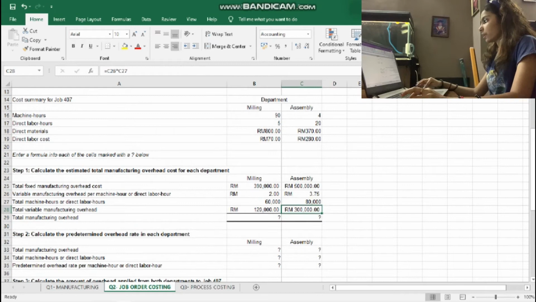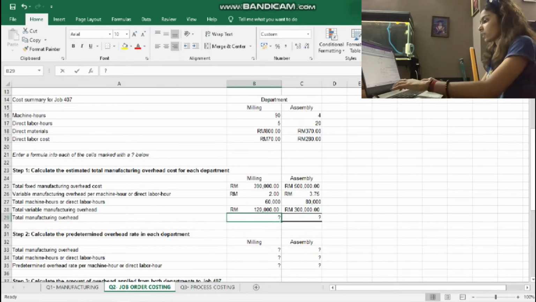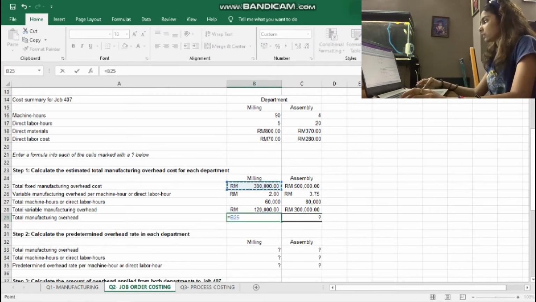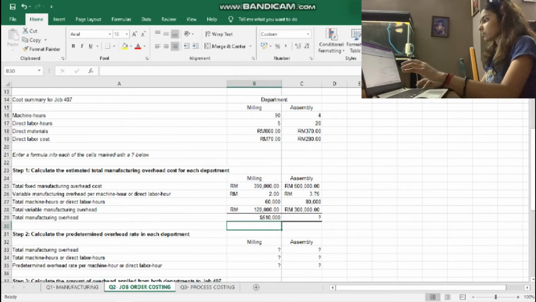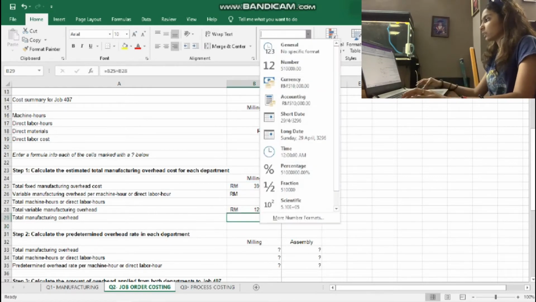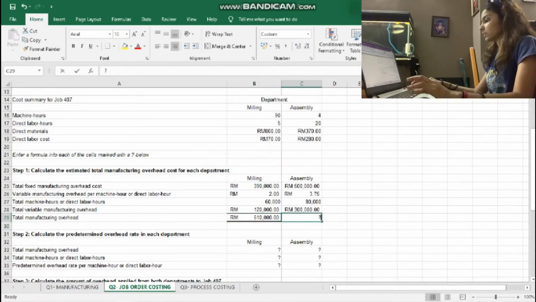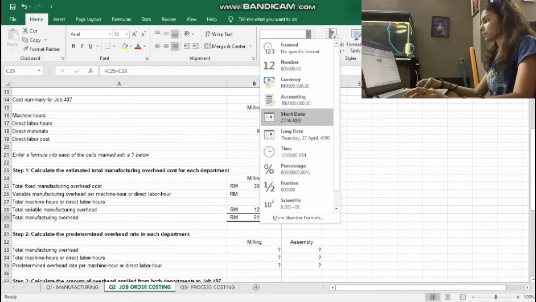And then for total manufacturing overhead we have to plus this 390,000 plus 120,000, we'll get 510,000. And then for assembly 500,000 plus 300,000 we'll get 800,000.